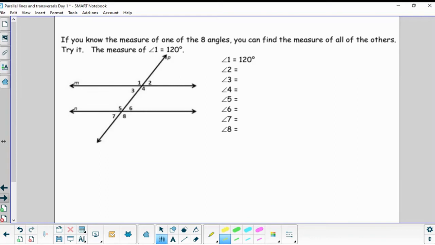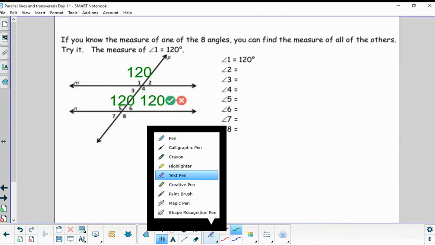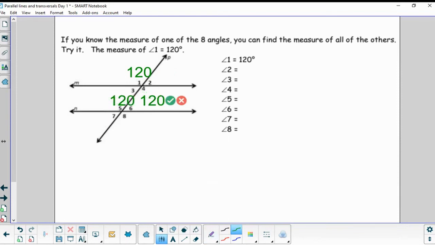So if the measure of angle 1, right up there in the upper left-hand corner, is 120 degrees, then let's go through and write down, so we've got 120 there. And then vertical angle 120, corresponding angle 120. So we've got those 3 120 degree angles.